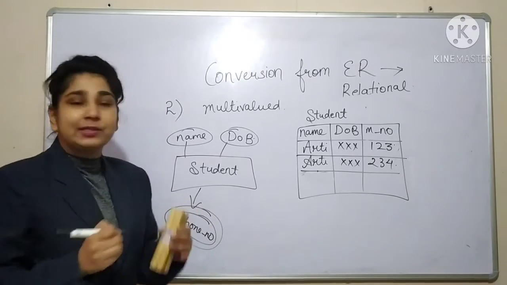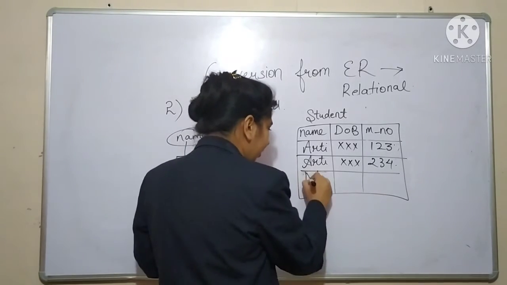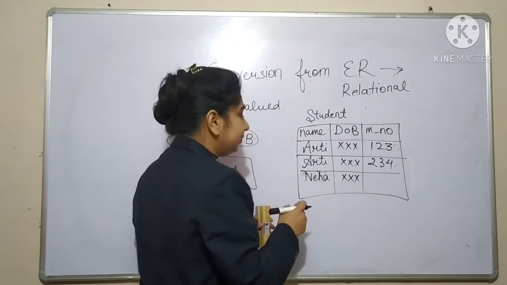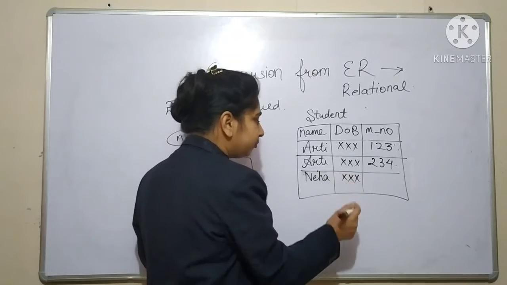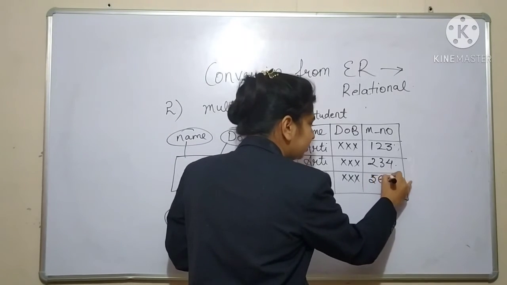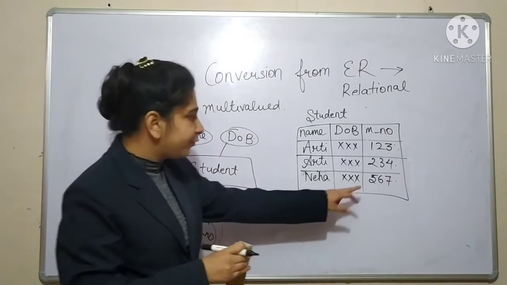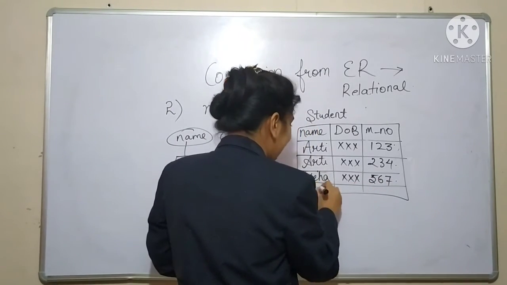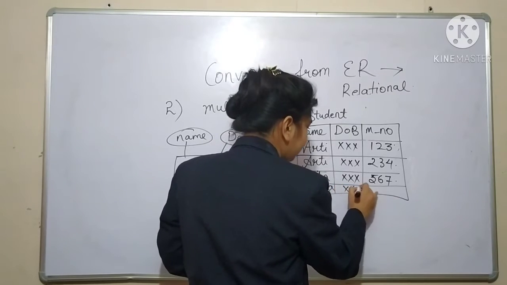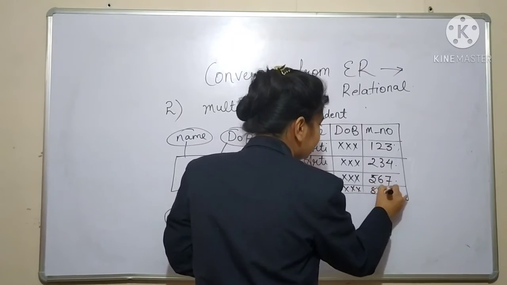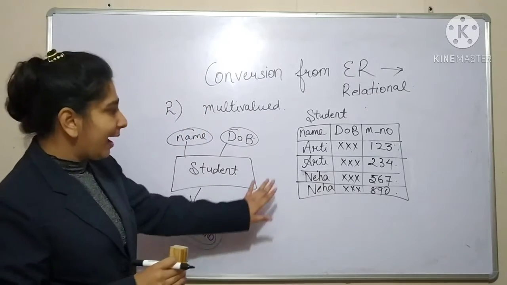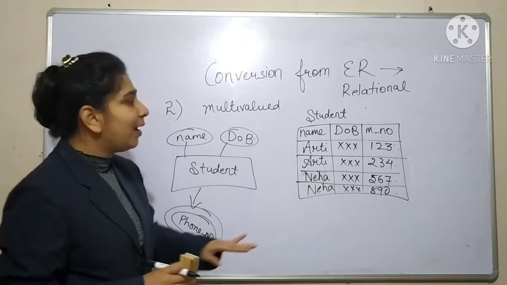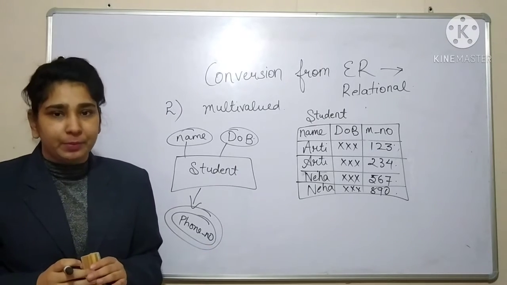Let's suppose we also have one more student, Neha. Neha is having some mobile number and some date of birth. Let's suppose one mobile number is 567 and Neha's second mobile number is 890. If you look at it this way, you will be storing the information if you are given a multi-valued attribute.